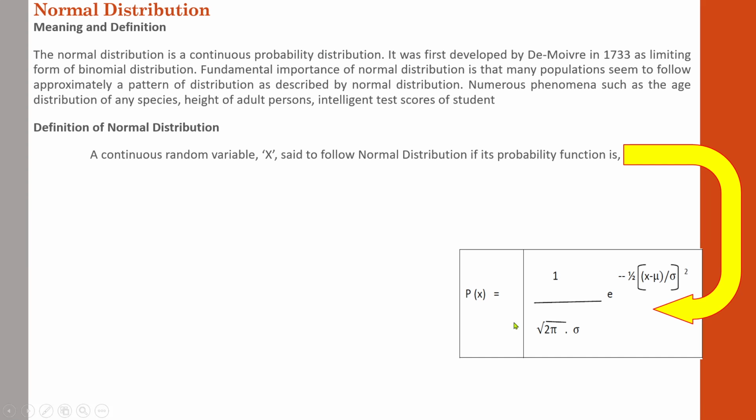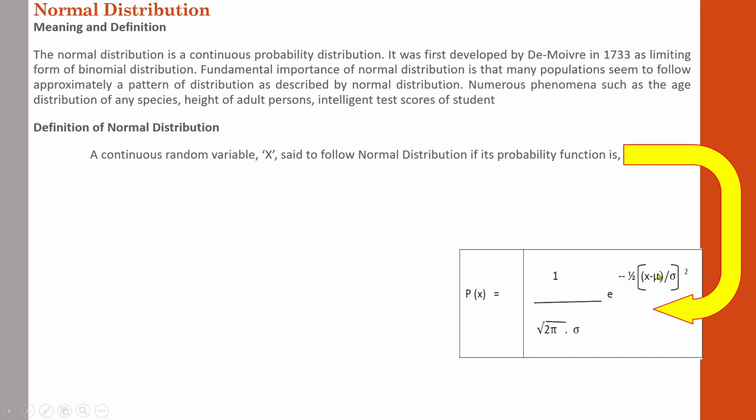You can see that p of x means whatever the variable under study, 1 divided by root of 2 pi. You have learned about pi in your school time. 2 pi into standard deviation into e raised to minus 1 by 2 whole brackets x minus mu.